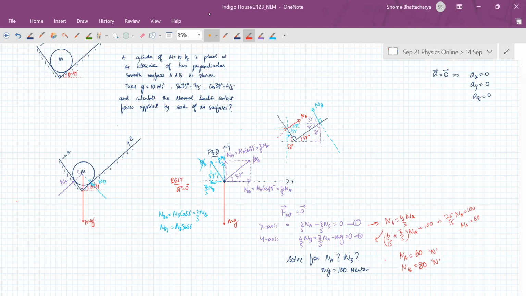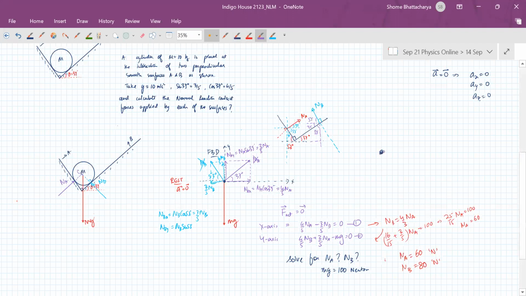Sir, I did it with a shorter method. I directly resolved the mg with x-axis and y-axis diagonally, so that I get directly, then I substituted mg towards x-axis with Na and mg with y-axis with NB. So then I got directly. Correct. You can do that also.